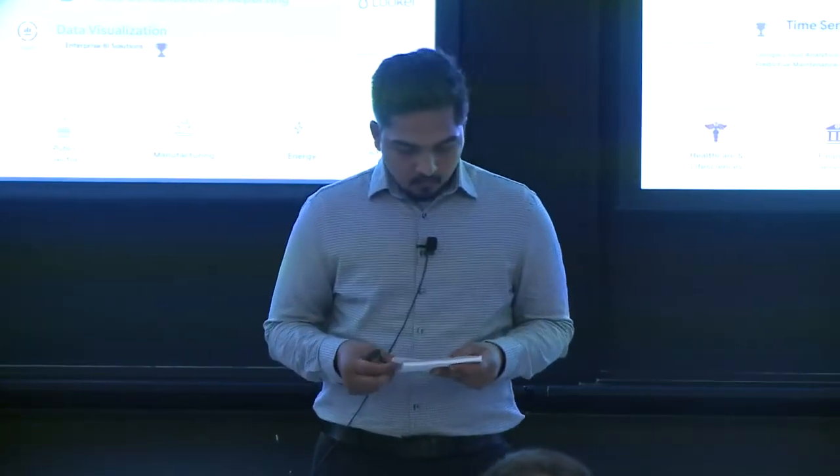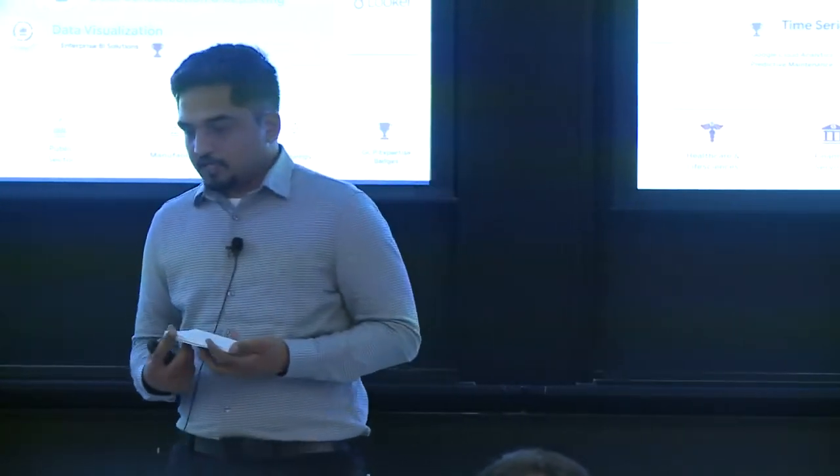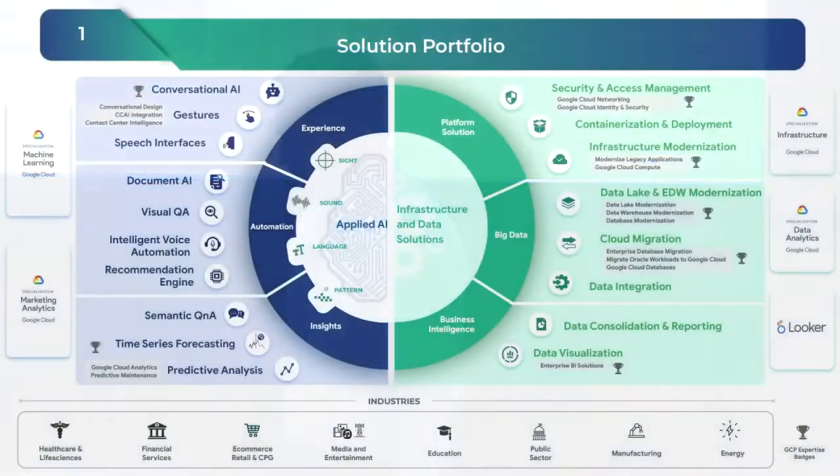And in terms of what do we offer as solutions, right? We provide engineering solutions and services in two broad categories. Data and infrastructure, and then applied AI and machine learning.